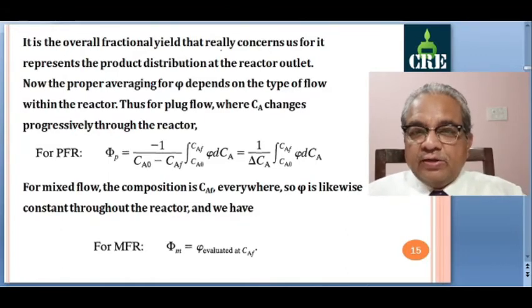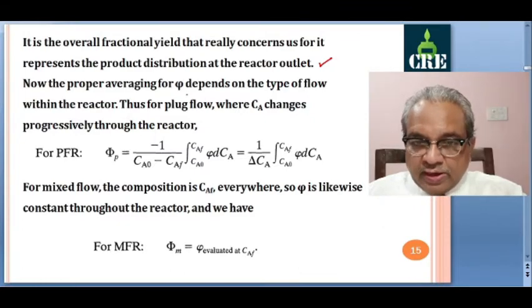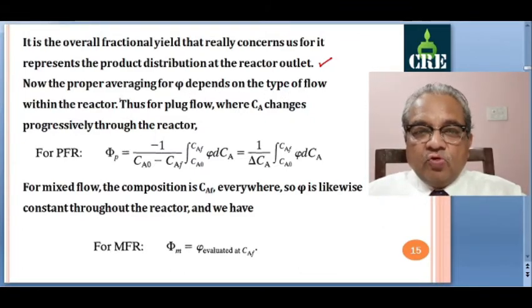It is the overall fractional yield that really concerns us, because it represents the product distribution at the reactor outlet. The proper averaging of small phi depends on the type of flow within the reactor. Thus, for the plug flow reactor, the concentration of A changes progressively along the length through the reactor.